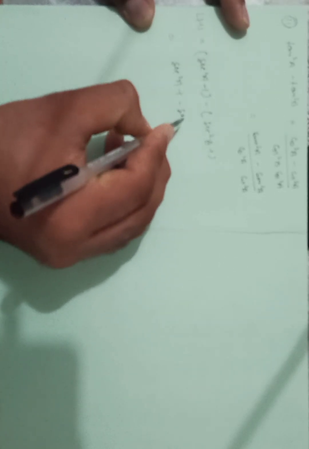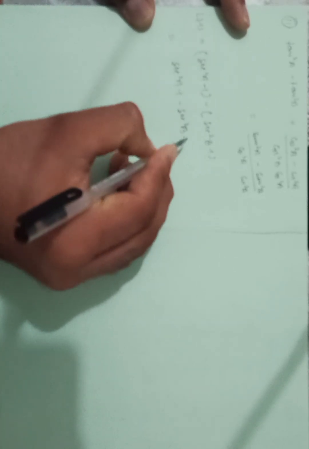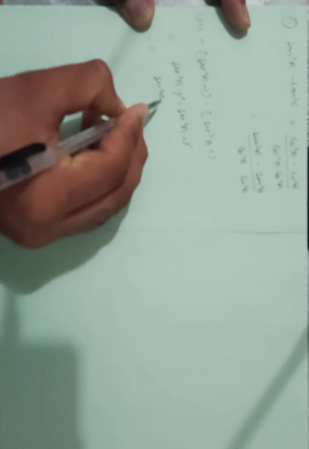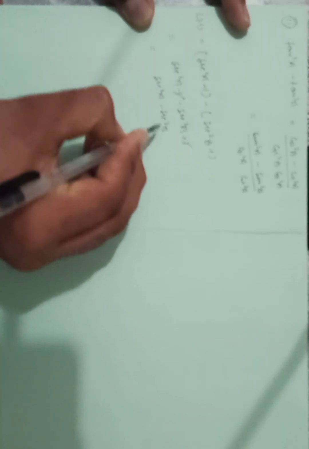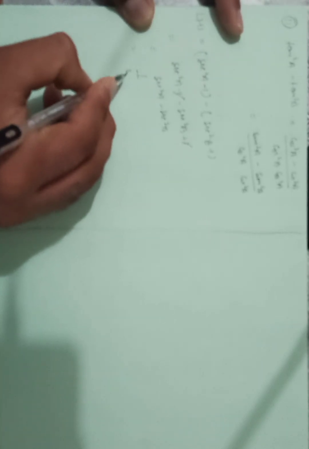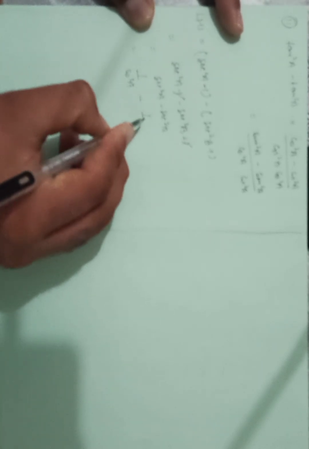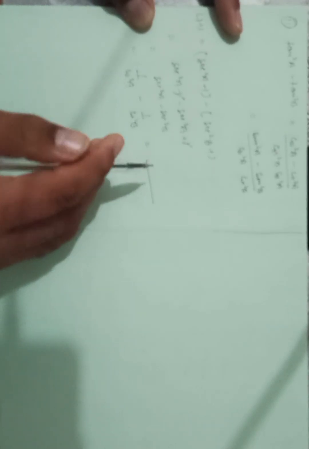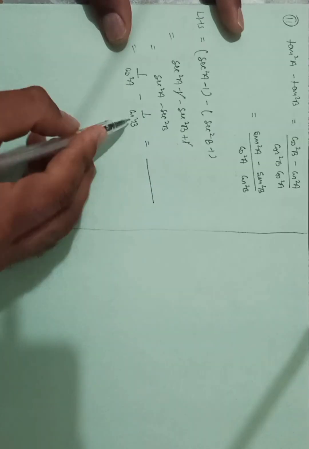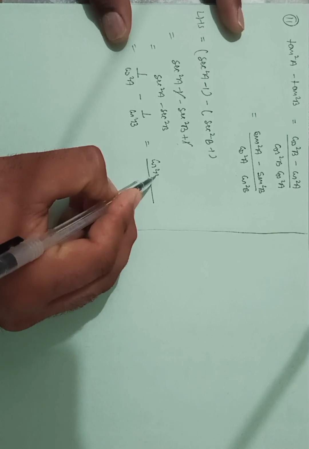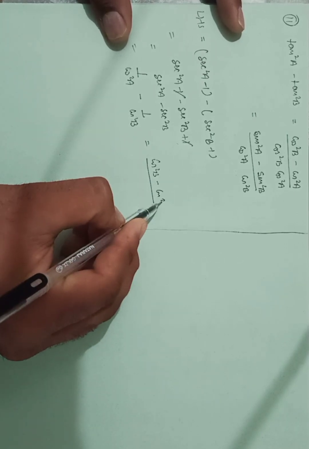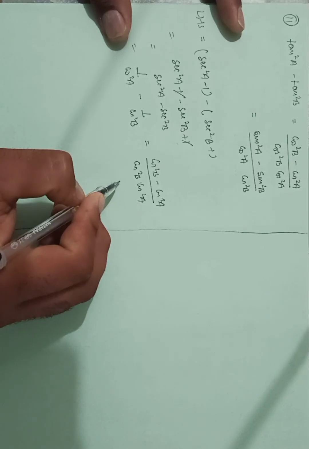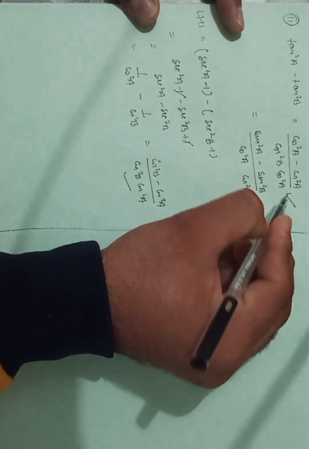So it will become minus sec square b, and it will become plus 1. Plus 1 will be cancelled, and we will be left with sec square a minus sec square b. Instead of sec square a I'll use 1 upon cos square a, minus 1 upon cos square b. Now you can clearly see this is the same quantity we have to prove, and it will become cos square b minus cos square a upon cos square b and cos square a. So this is the same quantity we have to prove.